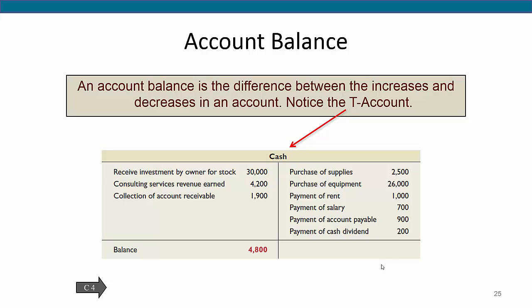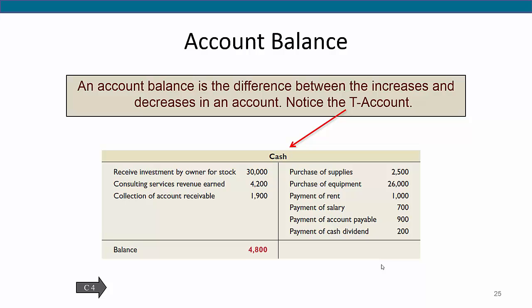To determine if an account has a debit or a credit balance, we total the right and left sides and place the balance on the larger side. Notice that the sides are not always labeled debit or credit. That is because as an accountant, you are expected to know that the left side is a debit and the right side is a credit.